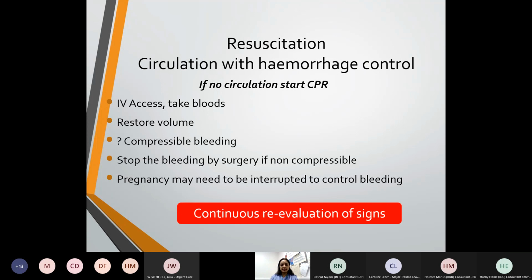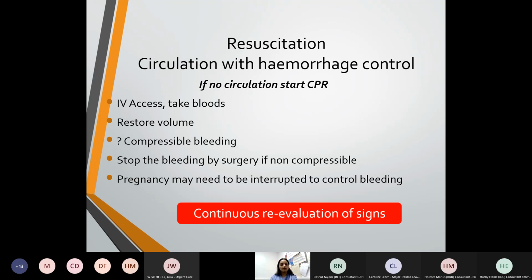Obviously, if there is no circulation, start CPR, which would be routine teaching for any trauma. IV access and take bloods. We find sometimes it is quite tricky to get IV access in pregnant mothers, especially when they have lost a bit of blood. So that's where you need your senior colleagues and experts to help us with that.